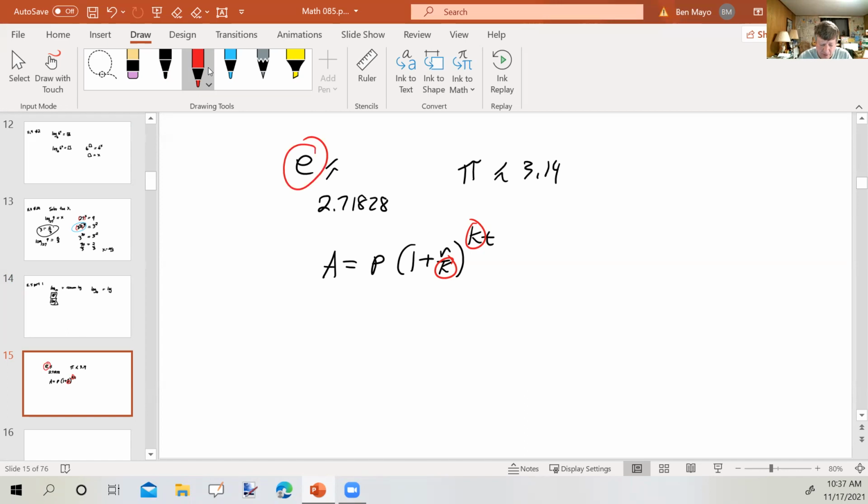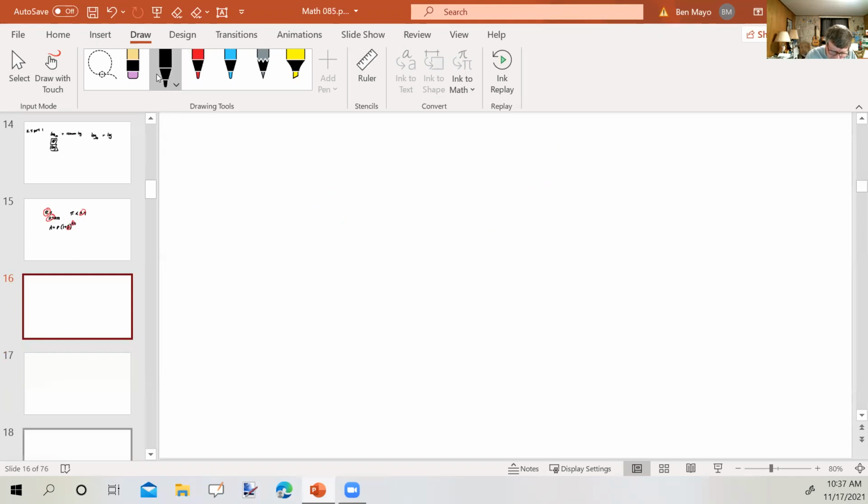All right. So E is connected with continuous growth or decay, like pi is connected with circles. Pi is a little more than 3. E is a little less than 3, approximately 2.7. Okay. Now, where can we access E on our calculator?